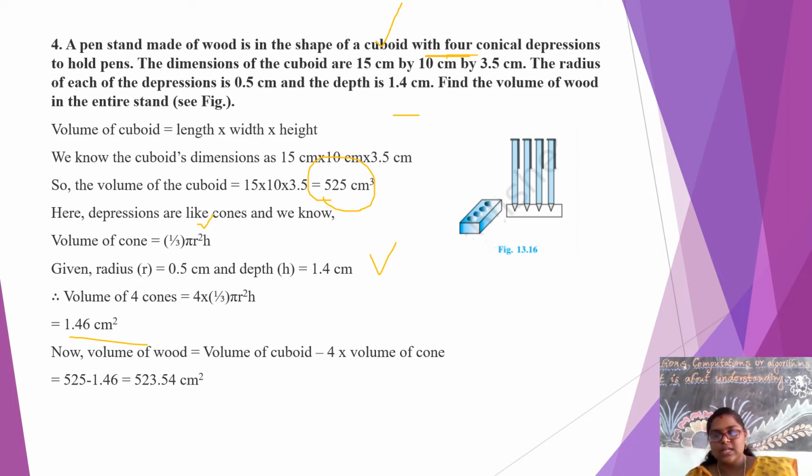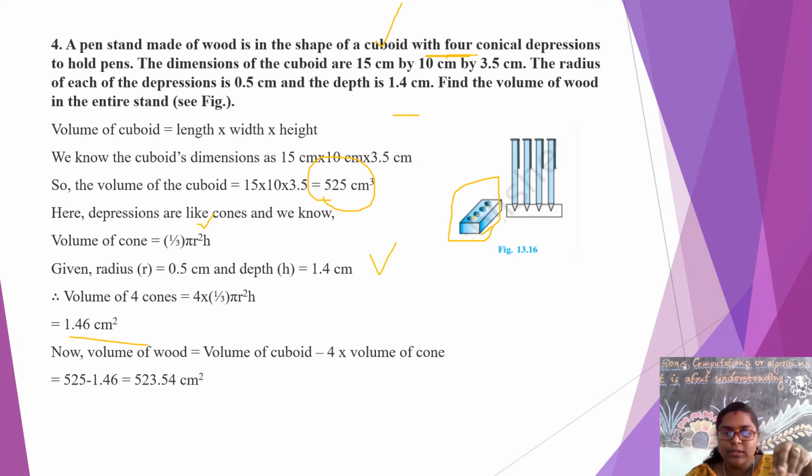Now the question: what they are asking, volume of the wood they are asking. See this figure, this is the pen stand. Here if you notice, 1, 2, 3, 4 holes are there. If I am going to fix a pen, the pen tip is in the shape of a cone. I am going to fix it in the wood, which means they carved the wood in the shape of a cone.